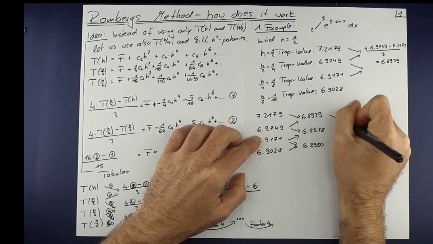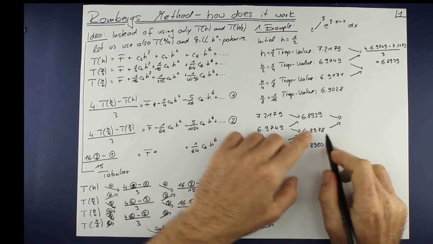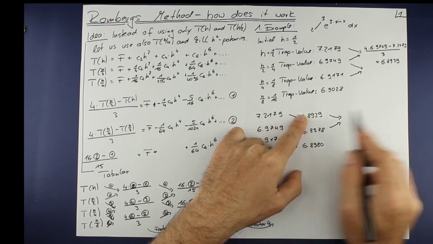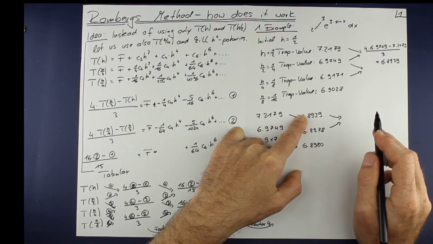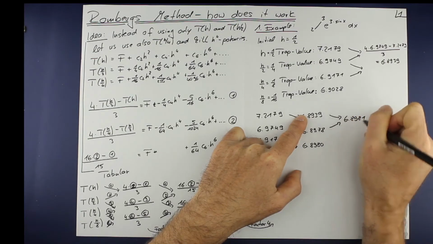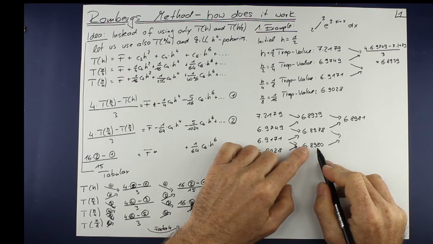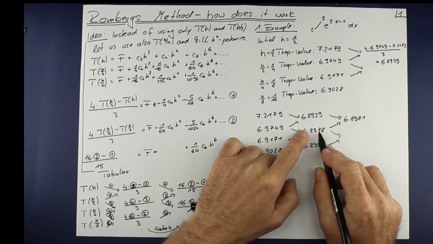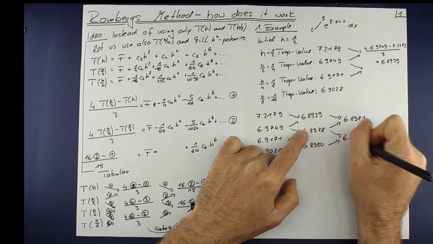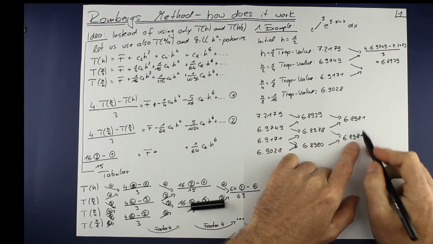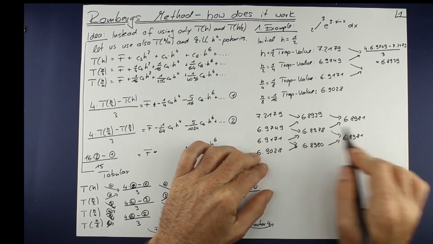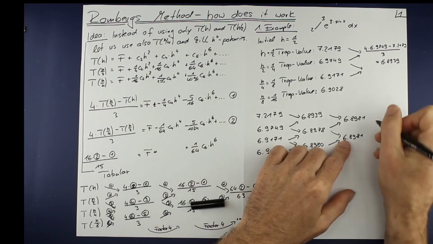4 times that value minus that value, and divide that by 3, and you will get 6.8980. And now 16 times that value minus that value, and divide that by 15, and then you get 6.8981. And now 16 times that value minus that value, divide that by 15, and you get, if you write it down with 4 digits, internally I used more digits than I write down on the paper, the same number.